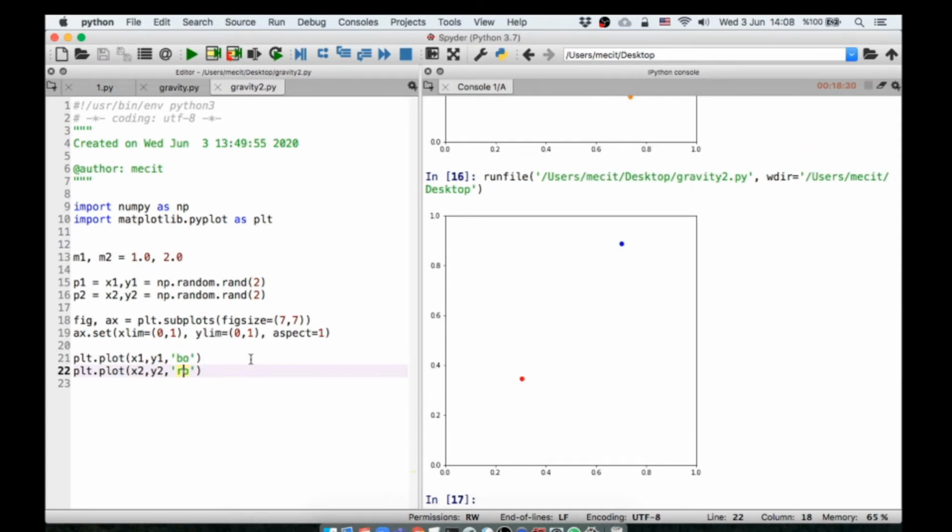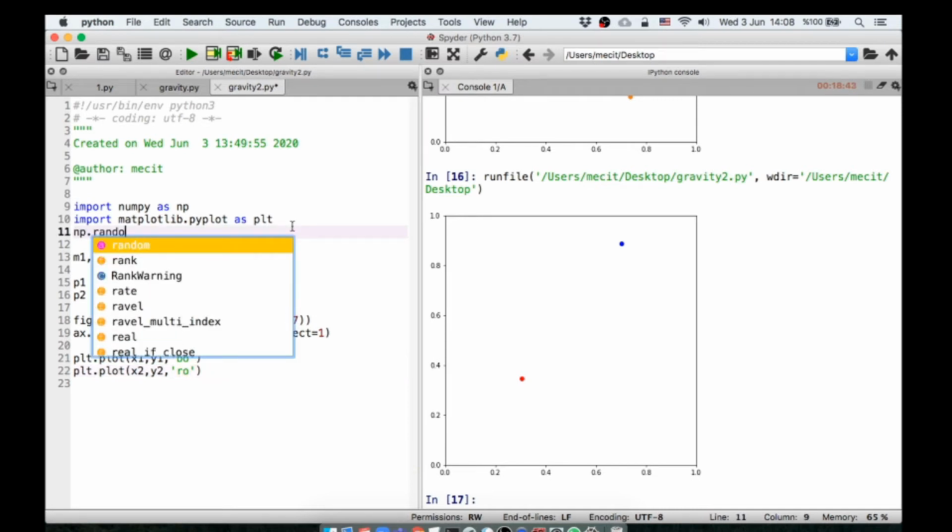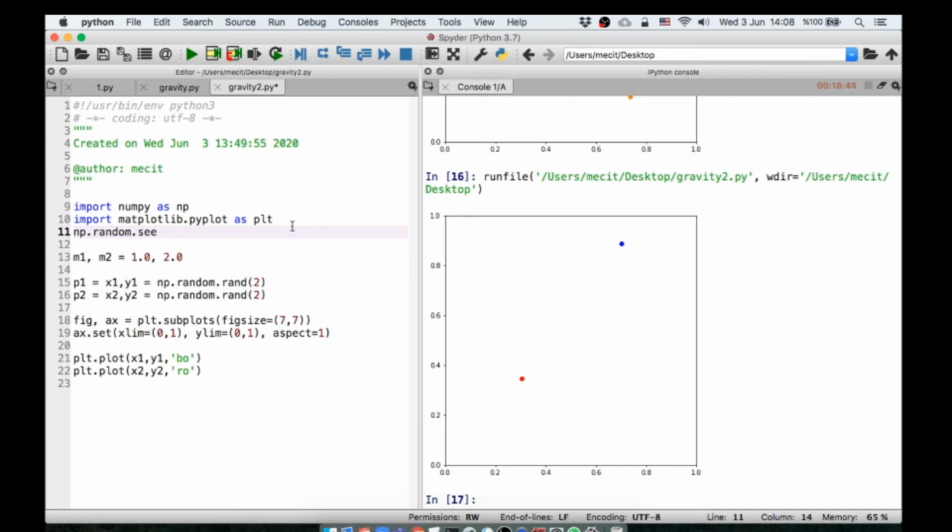Of course, now when I run it again, I see different random numbers. As we discussed in the class, let us seed the random number generator with, for example, 1, so that we always get the same. Okay, now one of these points is really near 0,0.